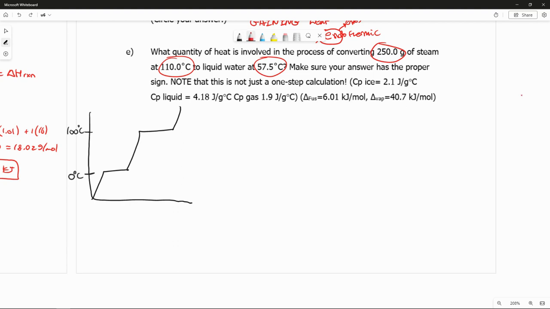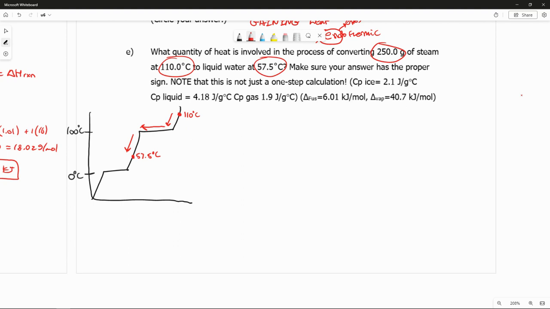All right, the same graph that we covered in the question before. So we're going from 110 degrees Celsius to 57.5 degrees Celsius. Let's draw one arrow here, and one arrow here. That's 3 steps, which means we are going to have 3 separate equations.